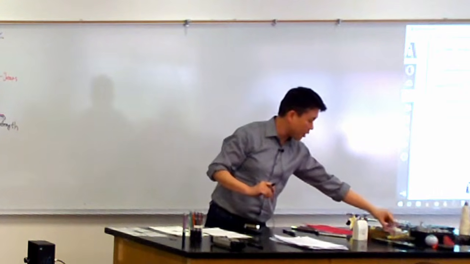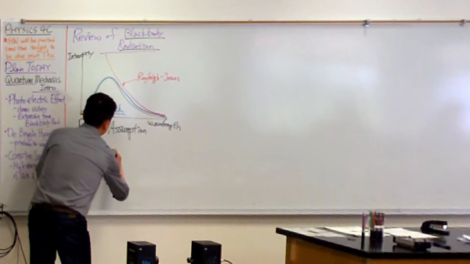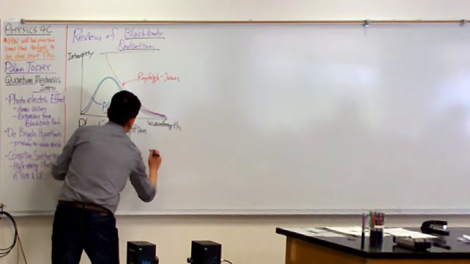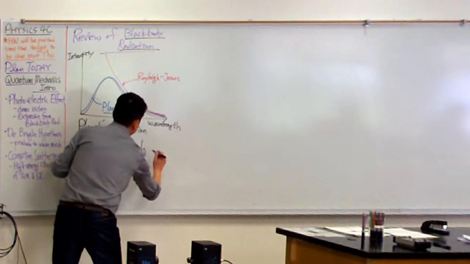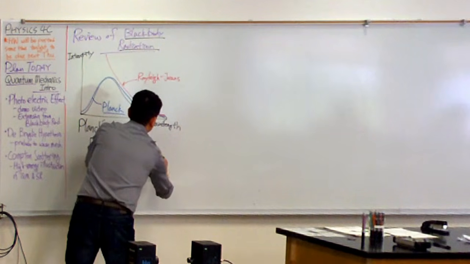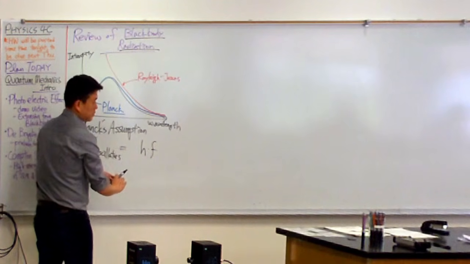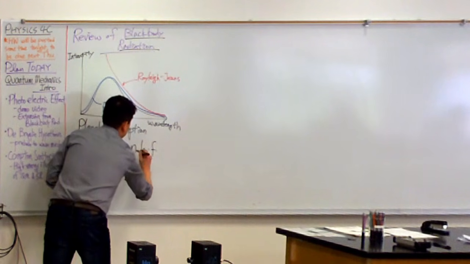You say that the energy in the oscillators comes in units of some constant that we now call Planck's constant times frequency. So if it's coming in units of this, the only coefficient that can go here is an integer.